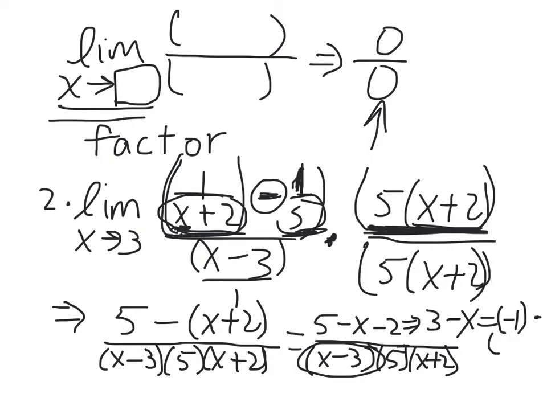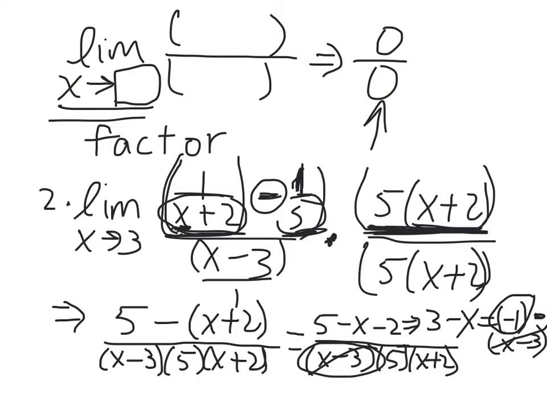Unfortunately I'm running out of room, but I think we can fit it all in there. So factor out a -1, and that'll turn the numerator into one part being the x minus 3, but that leaves us with the -1 in the top. X minus 3 divided by x minus 3.